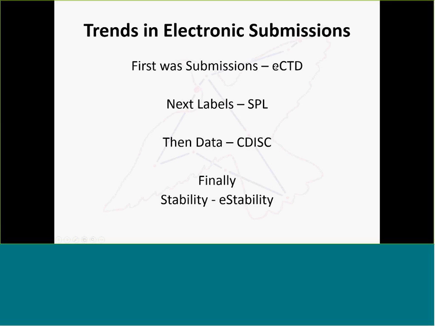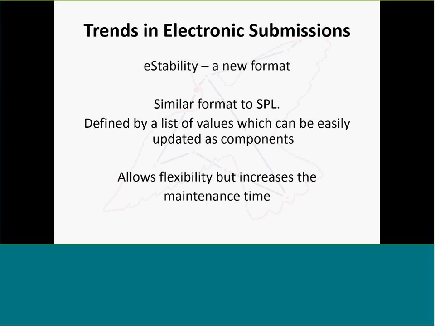The standard XML language has been used for, again, eCTD, SPL, and CDISC. So CMC has been really excluded from the fun of new standards, up until very recently, when the FDA released the intention of developing an eStability standard.